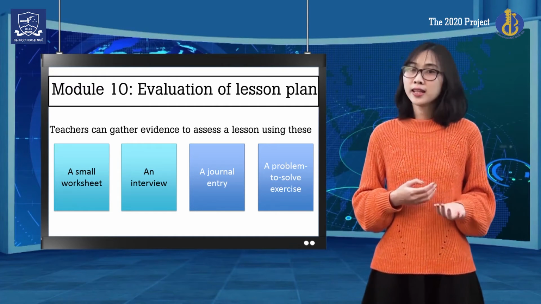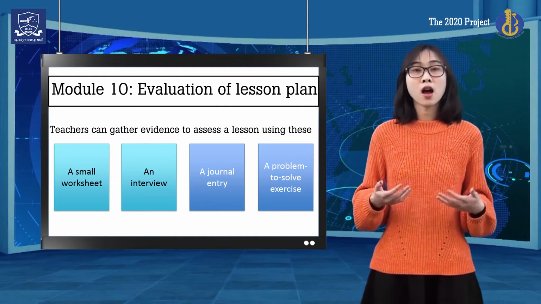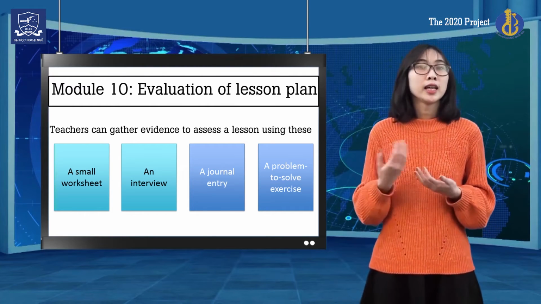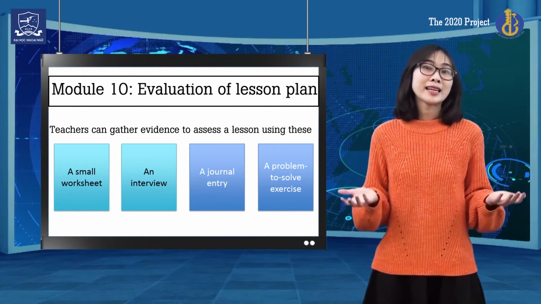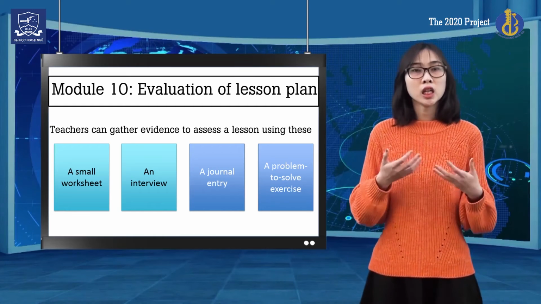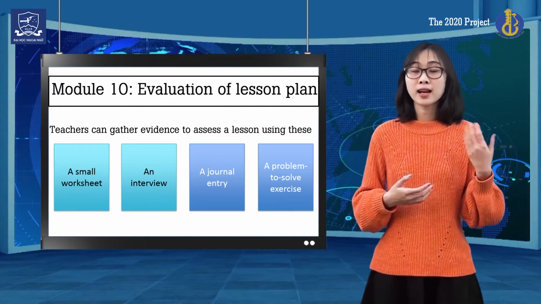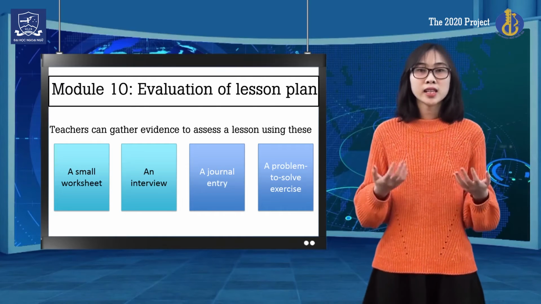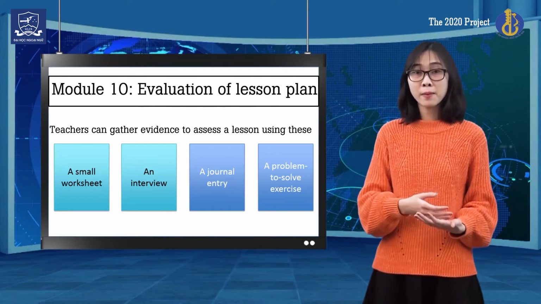A teacher needs evidence to decide whether a lesson has gone well or not. He or she normally gathers evidence in informal ways as the activities proceed. For example, a teacher might observe what is happening.